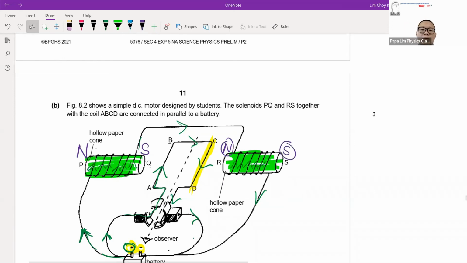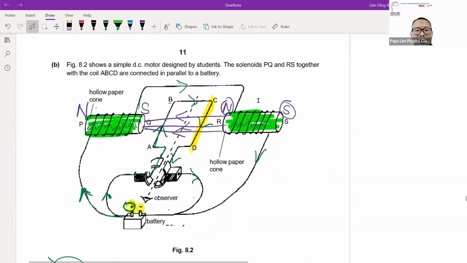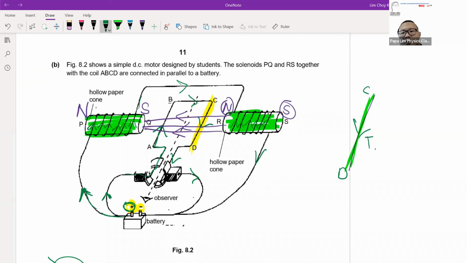So you effectively have a magnetic field line pointing from north to south, or what we call pointing from right to left. So at CD, the current is moving downwards, and the magnetic field line is going from right to left.